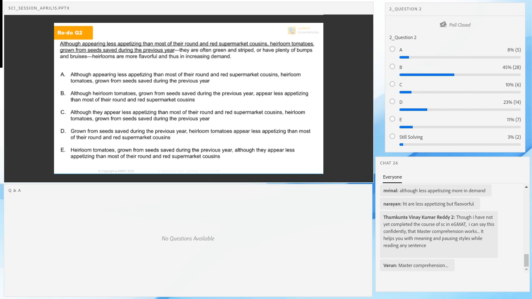Now choice D was selected by quite a few of you. I want you to think about what is the contrast in choice D. So ignore choices A, B, and C, but look at choice D because that was the next popular choice here. Tell me, where is the contrast specified in choice D?